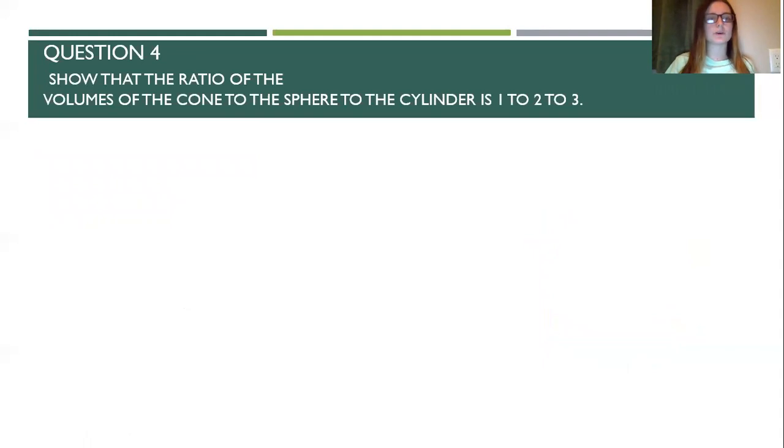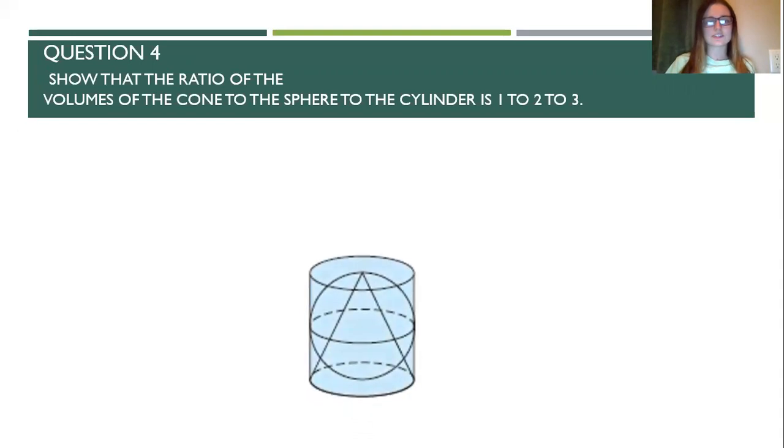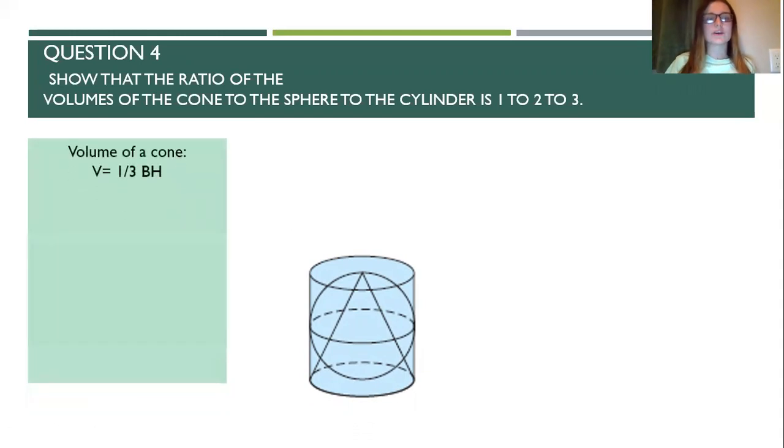So for number 4, we have to show that the ratio of the volumes of the cone to the sphere to the cylinder is 1 to 2 to 3. So here is our figure right here. And let's begin. First we have to know the formula for the volume of a cone, which is volume equals 1/3 base times height.